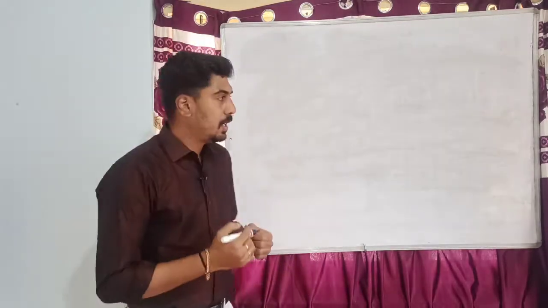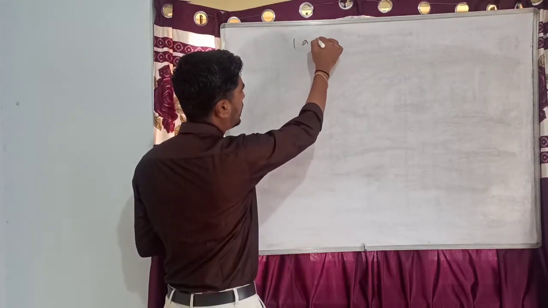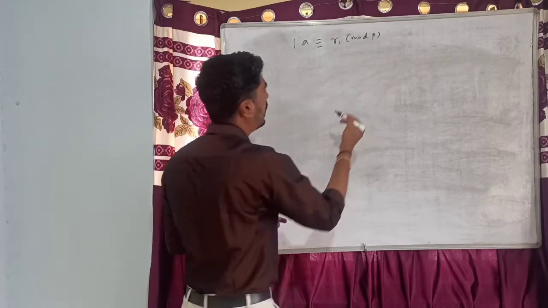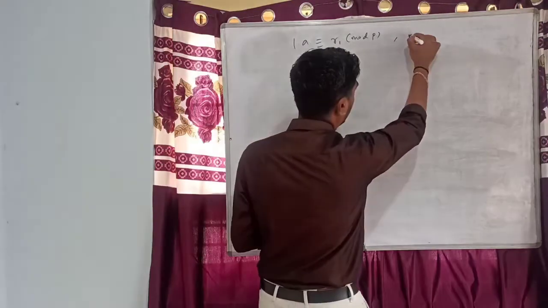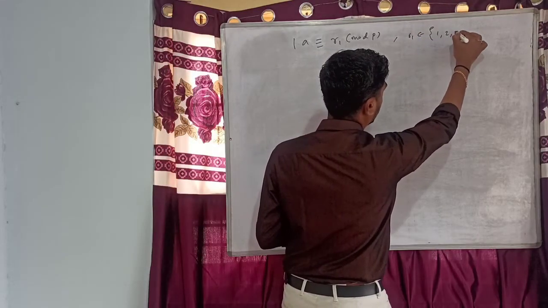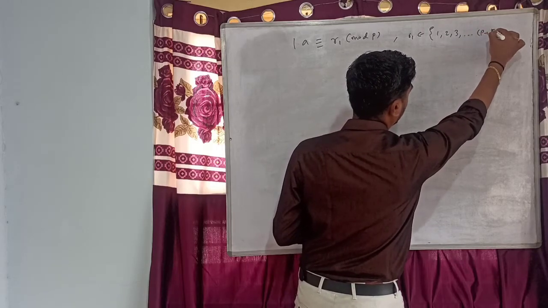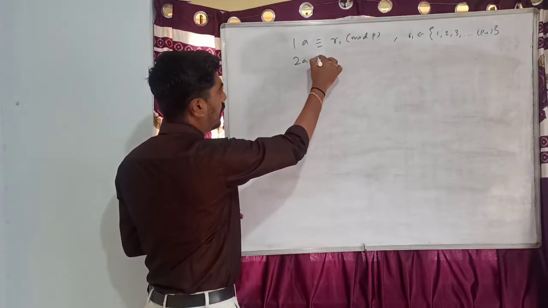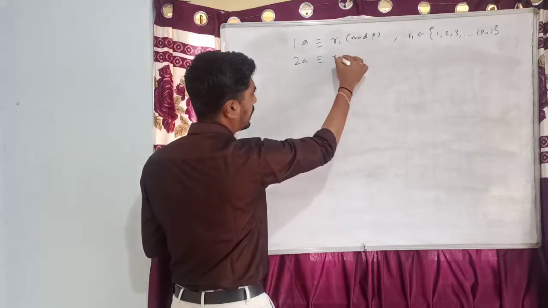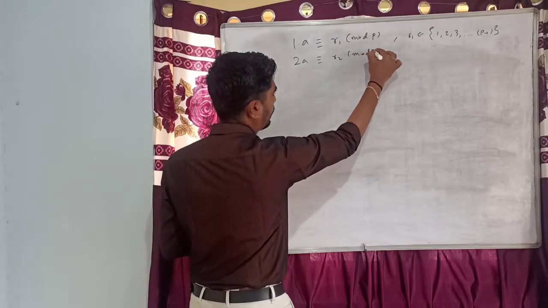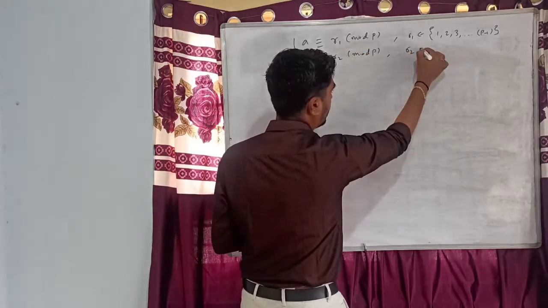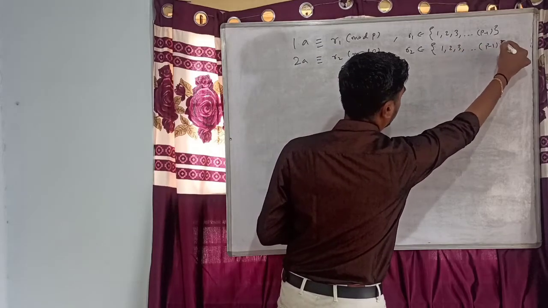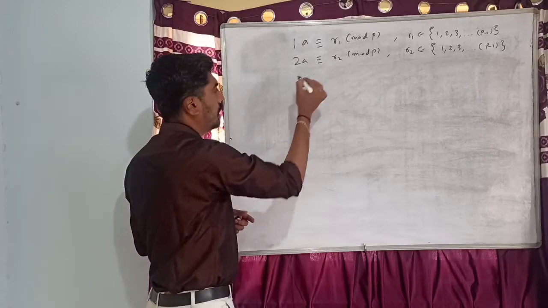Okay. Now let R1 be the remainder when 1a is divided by P, where R1 is an element in the set 1, 2, 3 up to P minus 1. Similarly, when I divide 2a by P, I get the remainder R2, where R2 is an element in the same set 1, 2, 3 up to P minus 1, and so on.